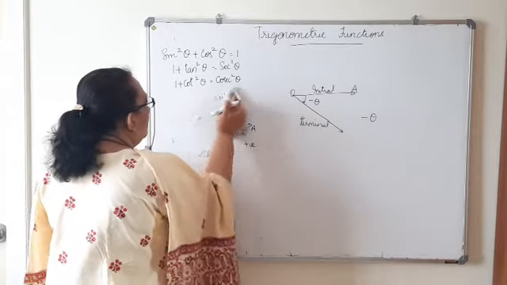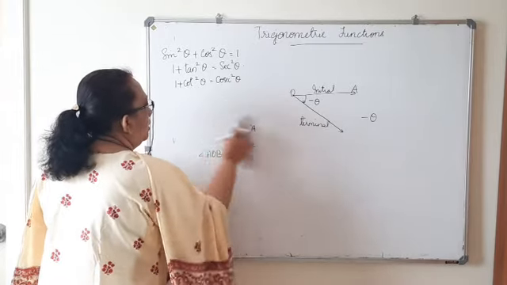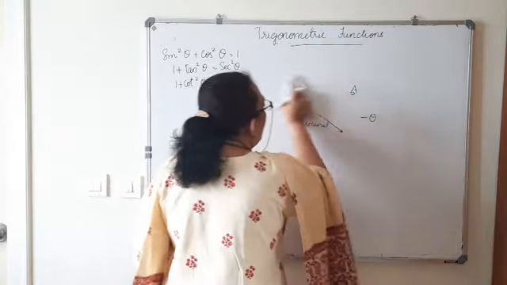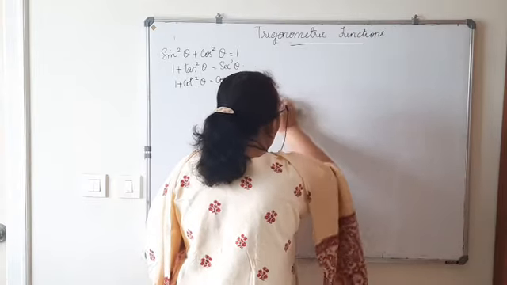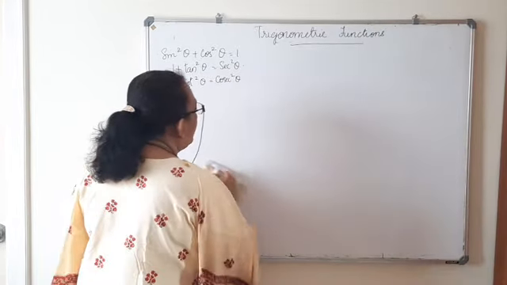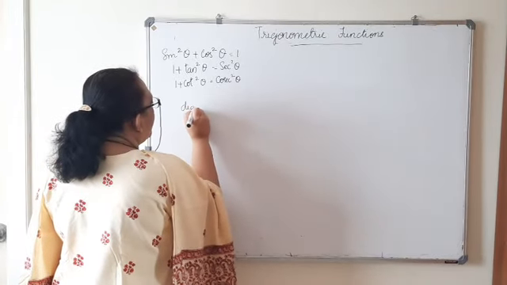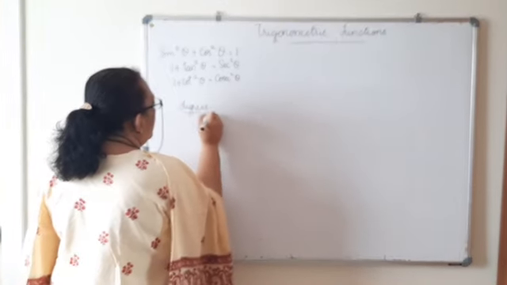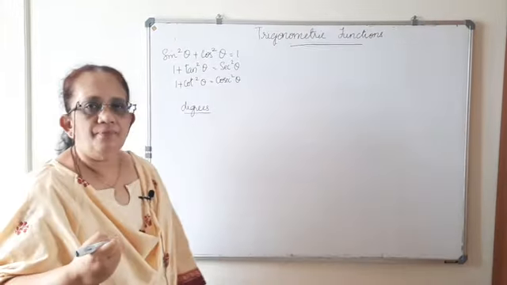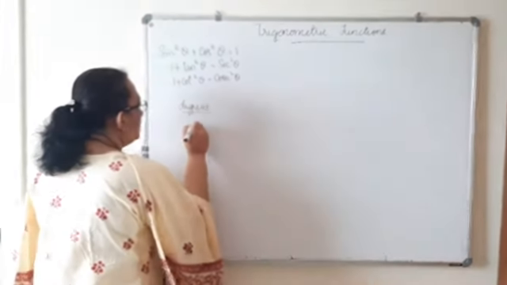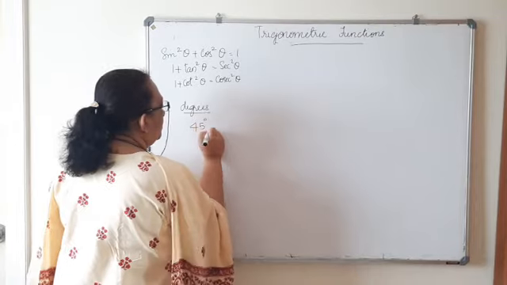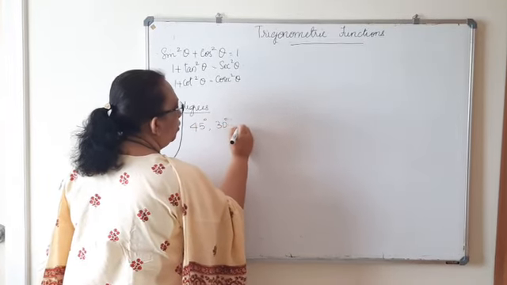Next one, units of measurement of angles. When you say the measurement of angles, what we have studied is degrees: 35 degrees, 45 degrees, 30 degrees, and so on.